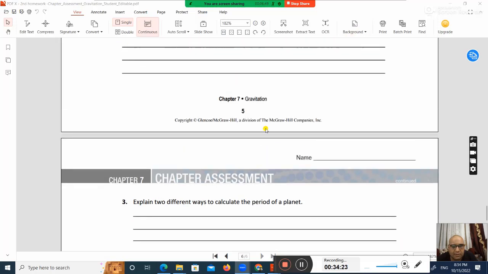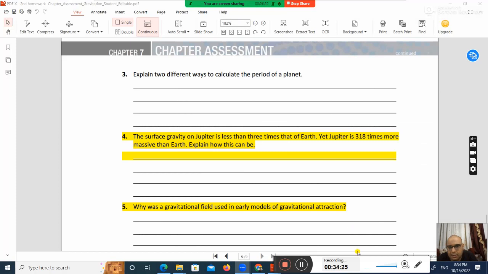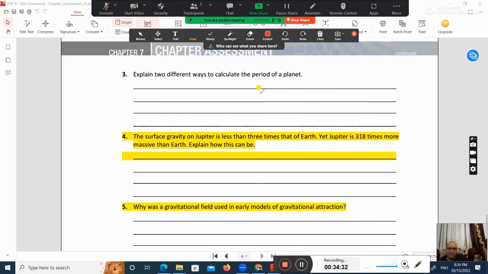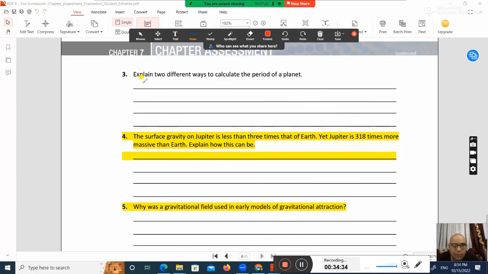Next question, explore. We can calculate the period of time by using two rules. One of them is Kepler's third law, which is T1 over T2 squared equals R1 over R2 cubed, and T here represents the periodic time.